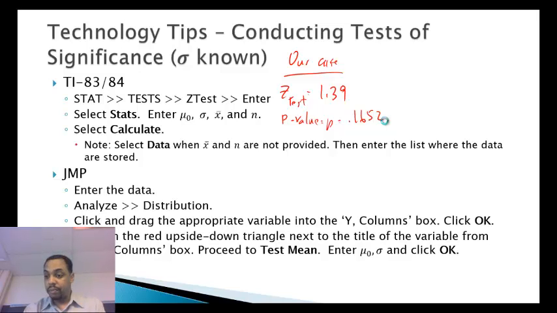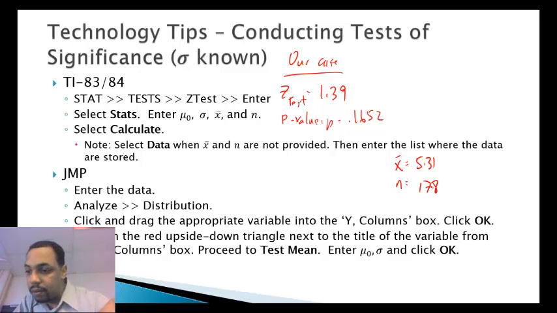We just chose 1.39, I guess. And then it gives you the sample mean and the sample size. So in our case, we did a test for not equal to 5, that's right. There we go. So that's pretty much the same information that we had.